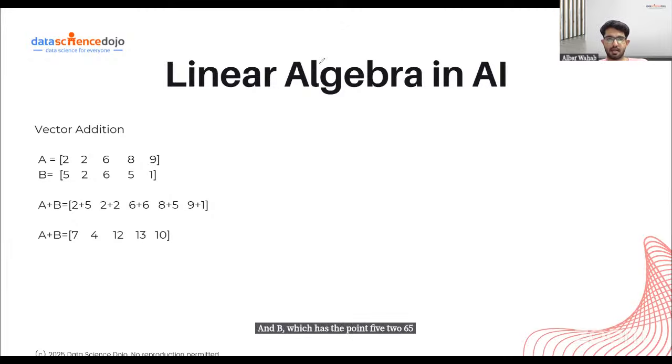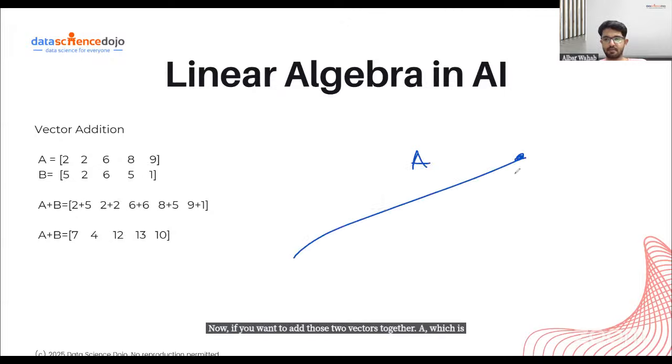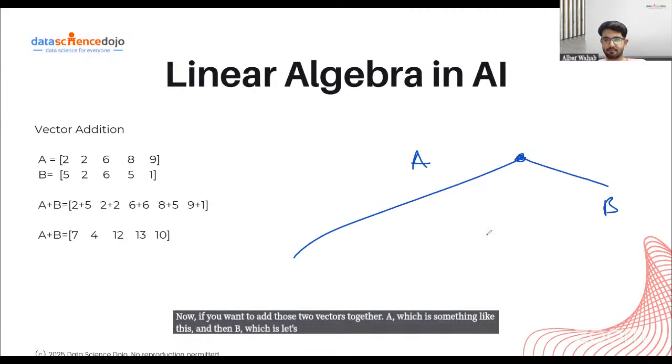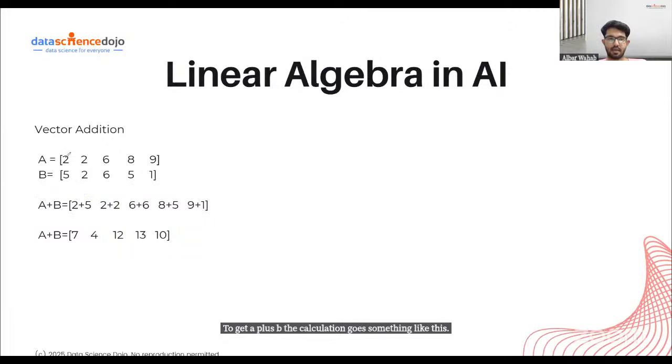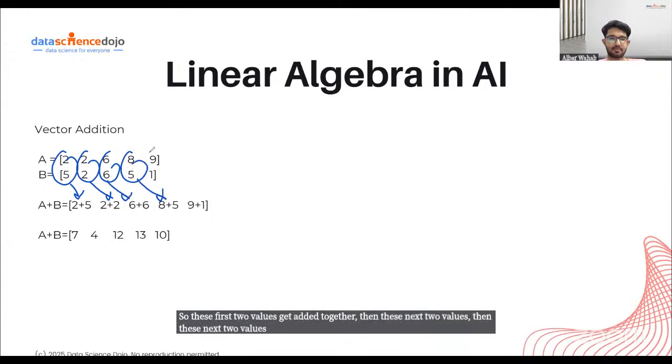Now, if you want to add those two vectors together to get A plus B, the calculation goes something like this. You have each of these individual values added together one by one. So these first two values get added together, then these next two values, and so on, through the final two values.